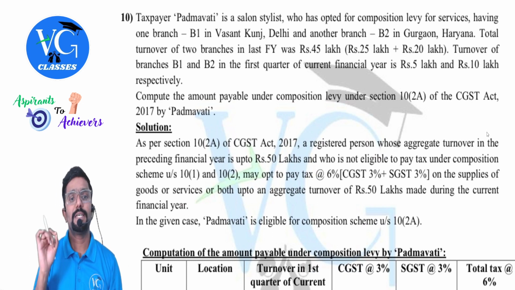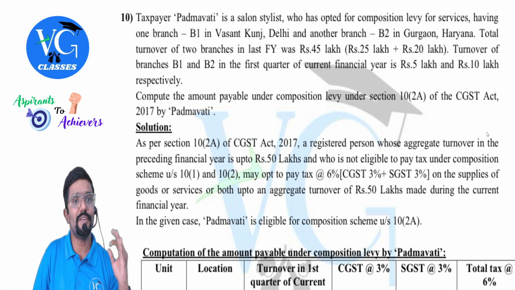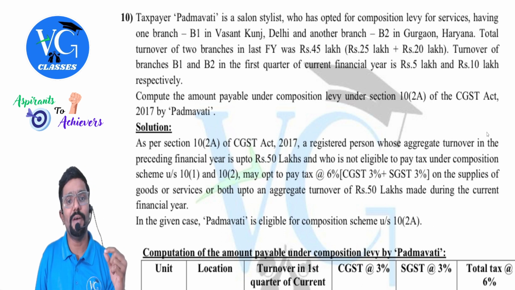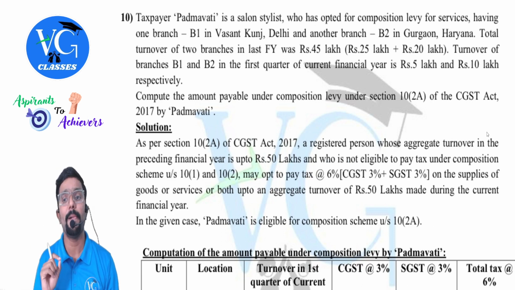Question number 10. Taxpayer Padmavati is a saloon stylist who has opted for composition levy for services, having one branch B1 in Vasant Kunj, part of Delhi, and another branch B2 in Gurgaon, part of Haryana.